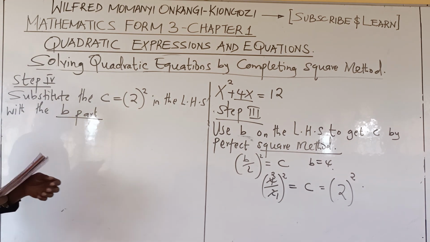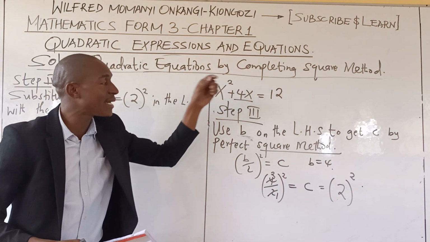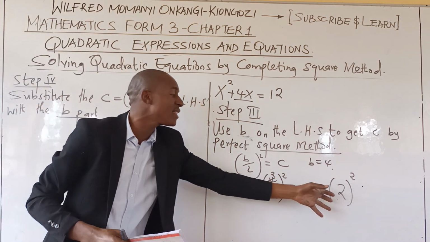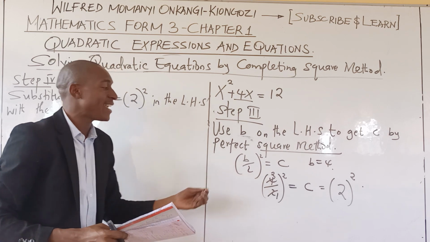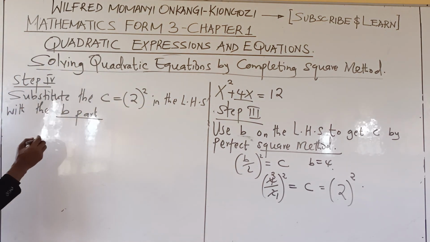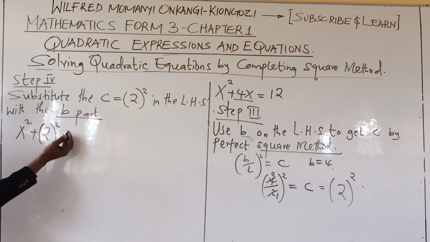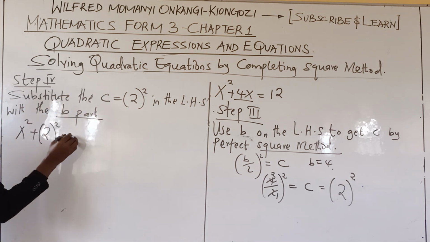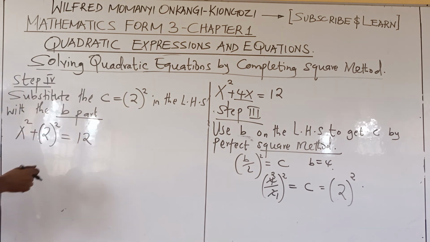In other words, you remove this 4x and then instead you substitute it with the C that you got. The work of this B is to enable us get a C. And the moment we have the C, this is what we shall have: x squared plus 2 squared. We do away with the B, equal to the constant 12 that moved to the other side of the equal sign.